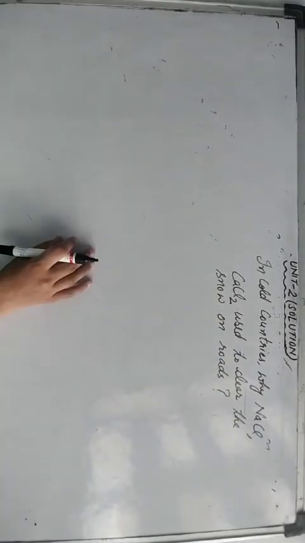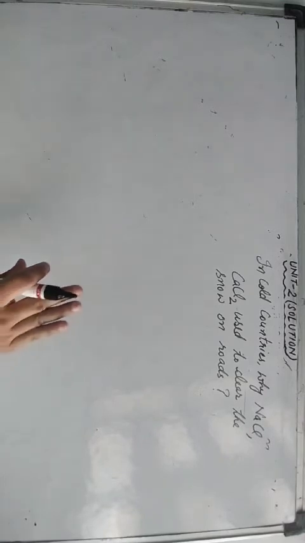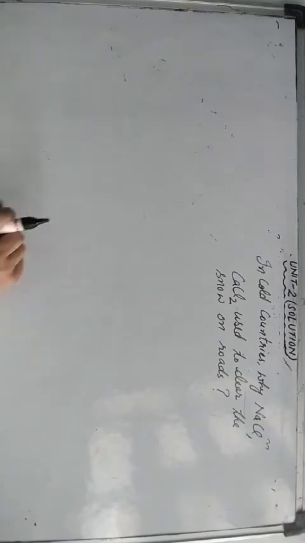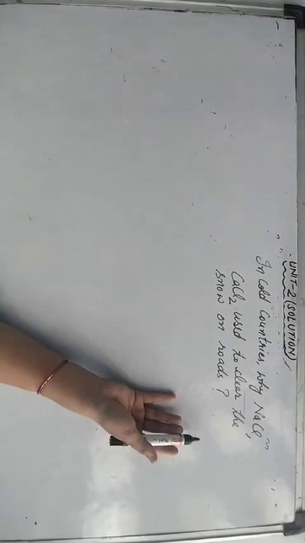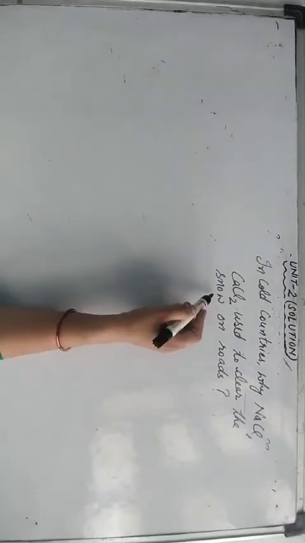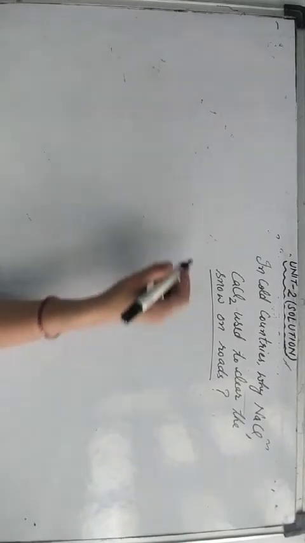Here the same reason, because they cause the depression or decrease in the freezing point of water to such an extent that water cannot freeze to form the ice. So there is no problem of the solid snow on the roads.